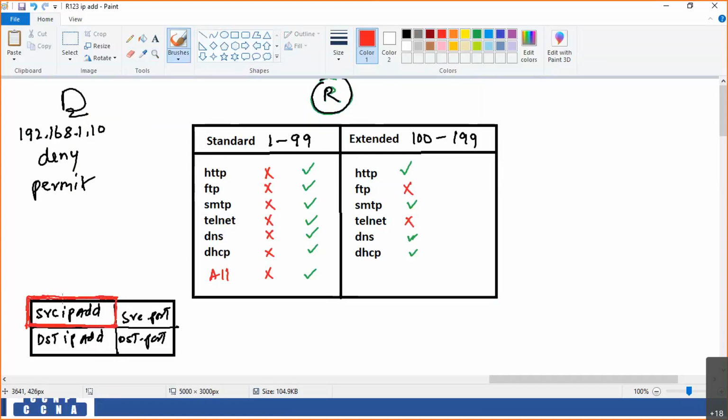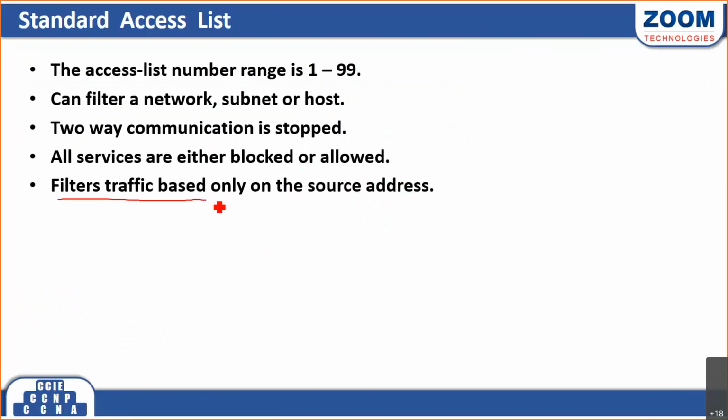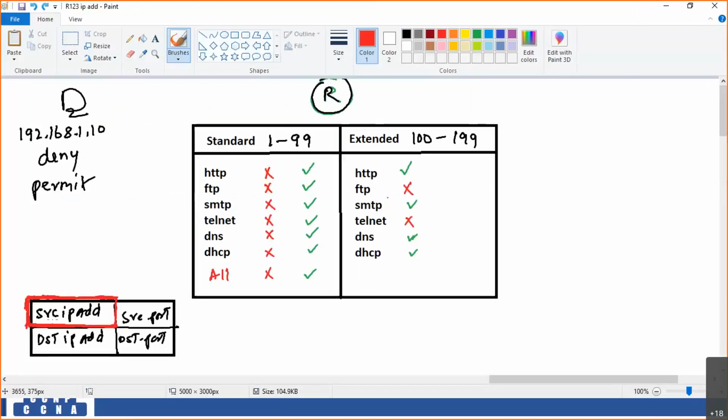It examines only the source IP. We'll check the source IP column: are you available in my rule list or not? That is the only point. It does not check the destination IP, which IP is being reached, or what service is being used. Doesn't matter, only the source IP.